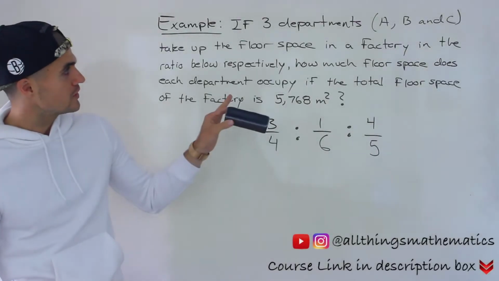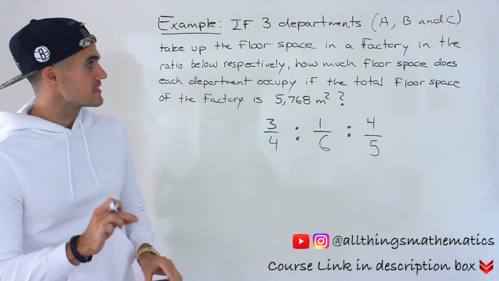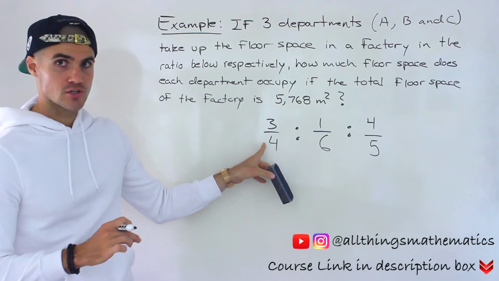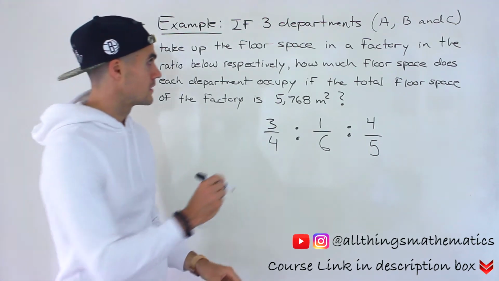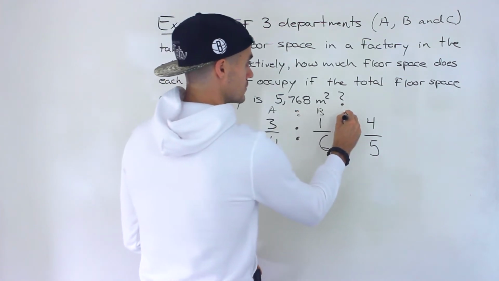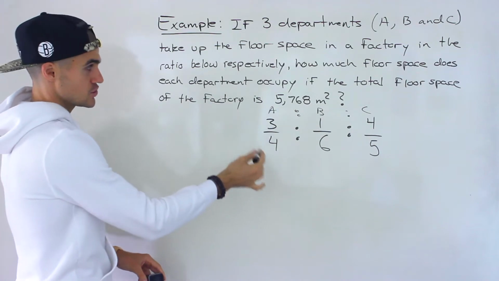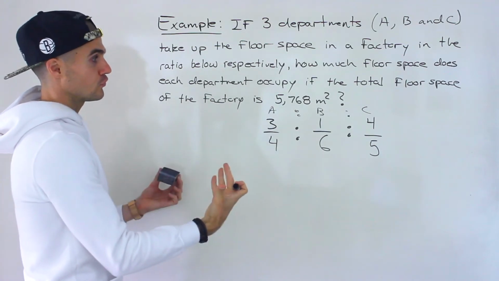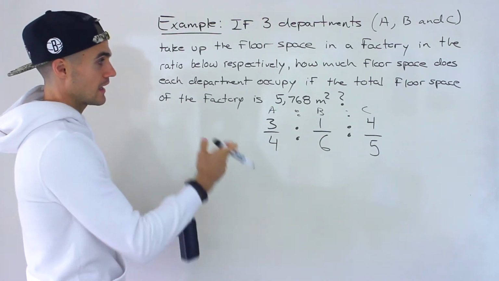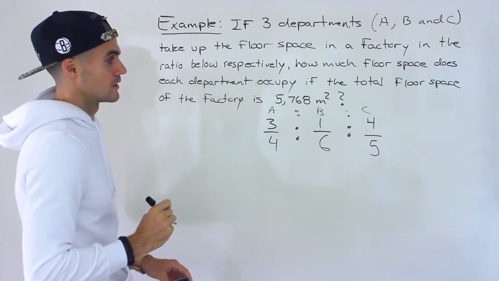So we're told if three departments A, B, and C take up the floor space in a factory in this ratio over here respectively, so department A to department B to department C, how much floor space does each department occupy if the total floor space of the factory is 5,768 meters squared?